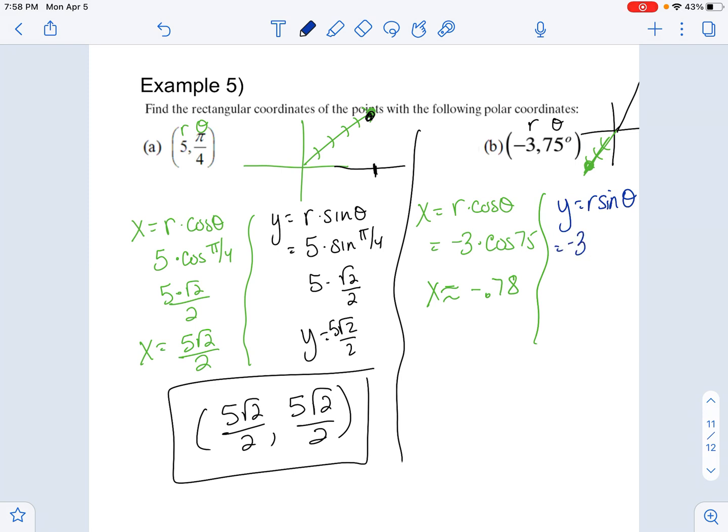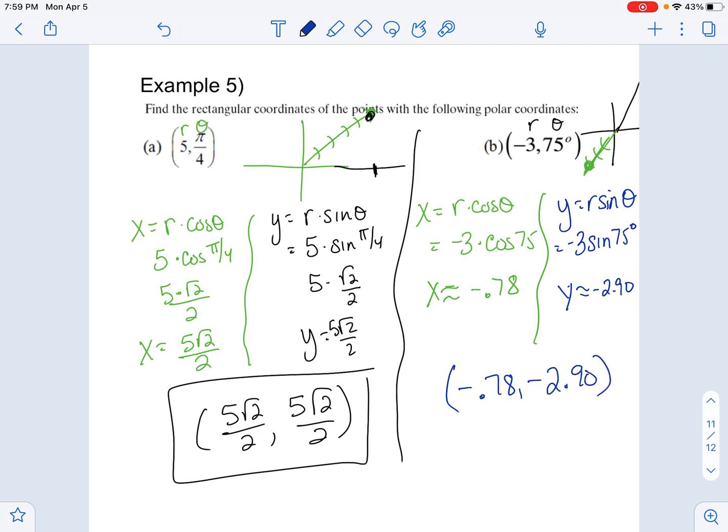So that's going to be -3 sine of 75 degrees. Sine of 75 degrees times -3 gives me approximately for y, -2.90. So the ordered pair that would be equivalent to -3 comma 75 degrees, which is a polar coordinate, if we want to find the rectangular coordinates, it would be -0.78 comma -2.90.